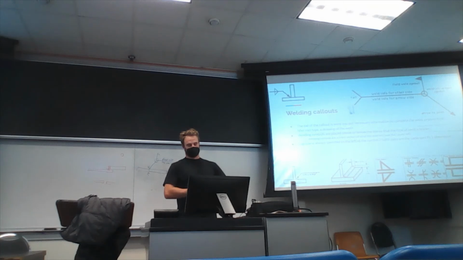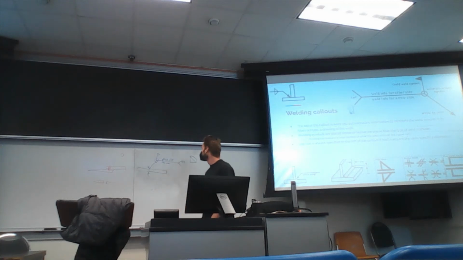All right, so welding symbols. There's a lot of them. I'll try to cover a good amount. We already talked about plugs. That's a square. We've talked about fillet welds. That's a triangle. That gets denoted on the reference line.